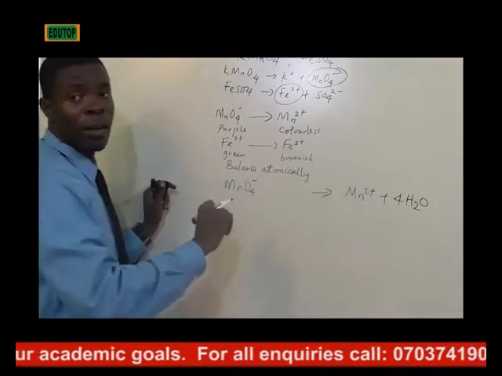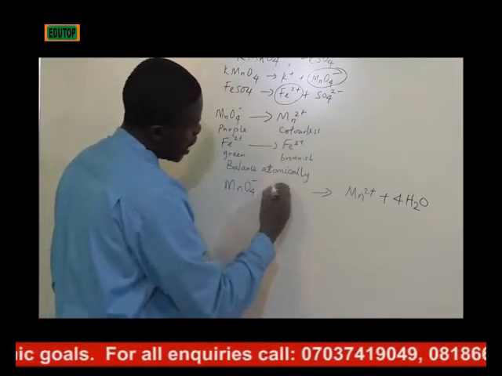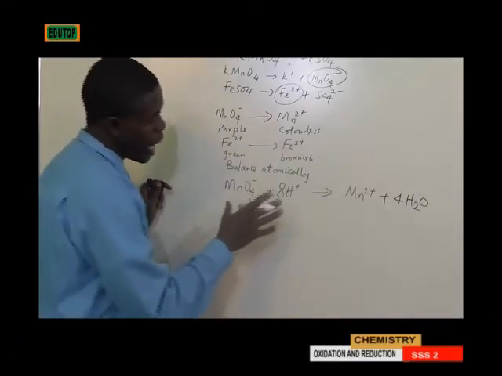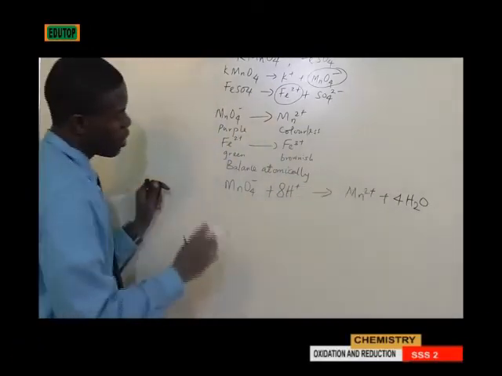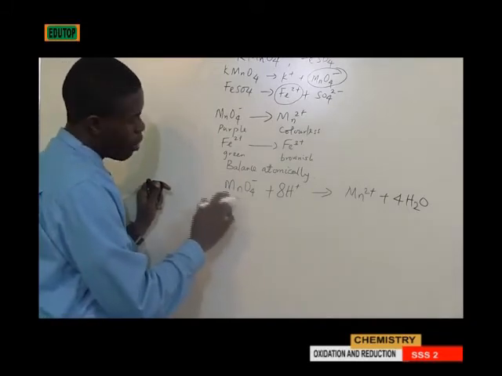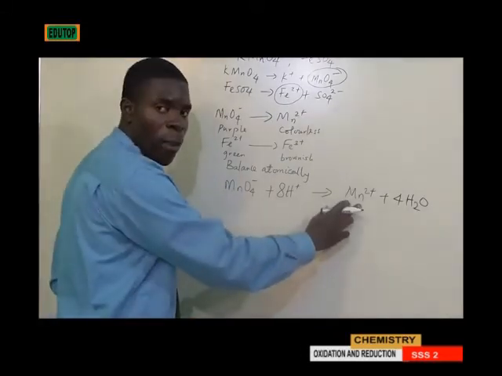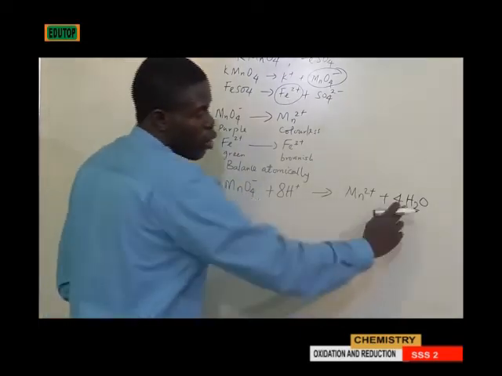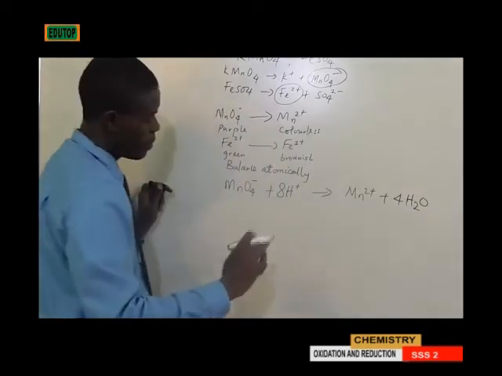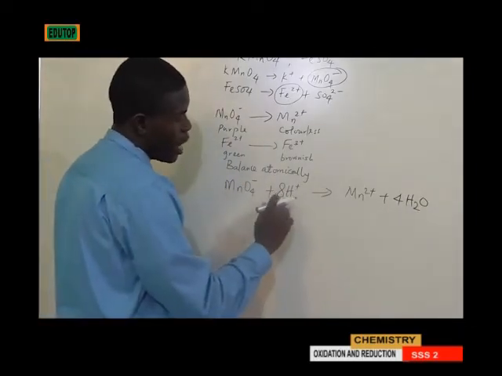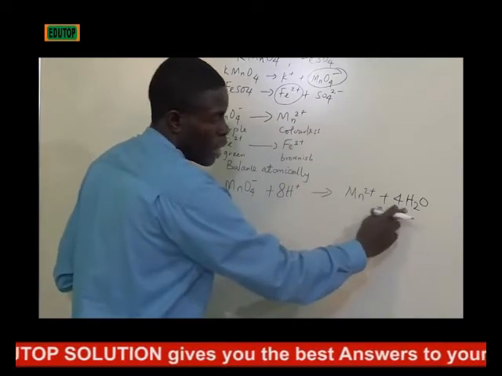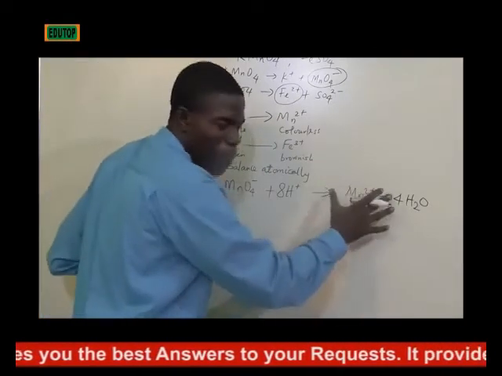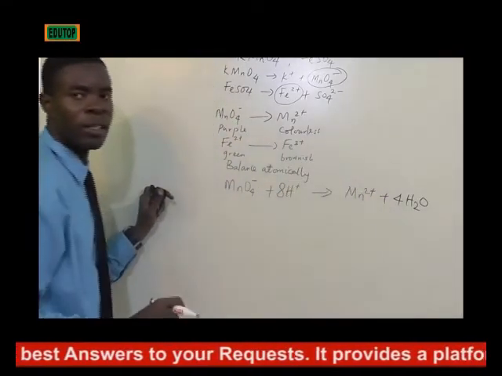So to balance the protons here, we add 8 protons. So taking a look at this reaction, 1 mole of manganese is equivalent to 1 mole of manganese, 4 moles of oxygen is equivalent to 4 moles of oxygen, then 8 protons is equivalent to 8 hydrogen also here. So this one is balanced atomically.